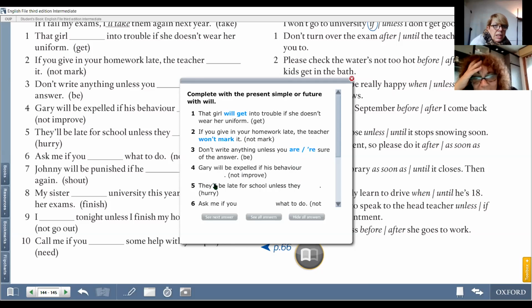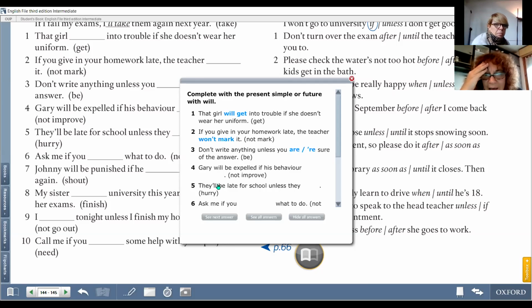Gary will be expelled if his behavior... How do you say it? Behavior, comportamento. And the verb to behave means comportarsi bene.